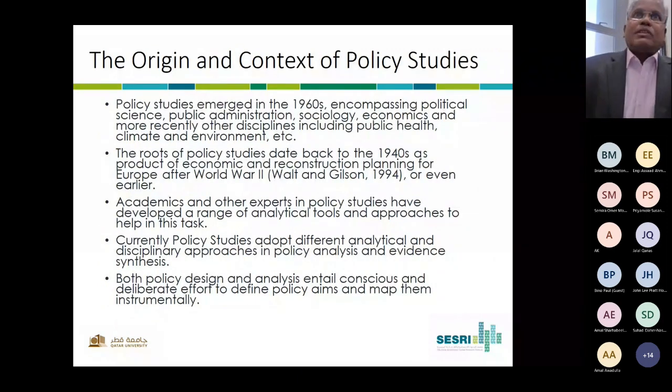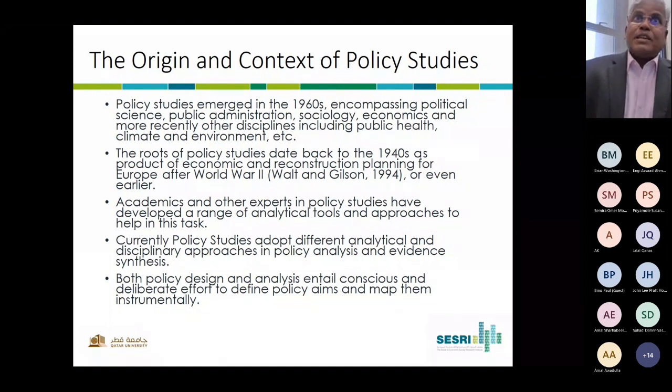If you again look for the origin and context of policy studies as a subject area, as a discipline, it emerged in the 1960s, encompassing political science, public administration, sociology, and economics.